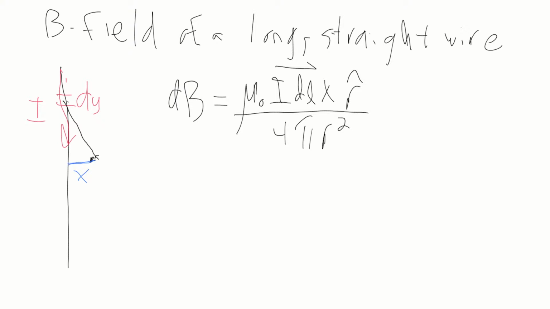So if I'm on this side of the wire, using the right hand rule, I'm going to have a magnetic field that's out of the page. That's the magnetic field on that side. And if I'm on the opposite side, I'm going to have a magnetic field that's into the page on this side.